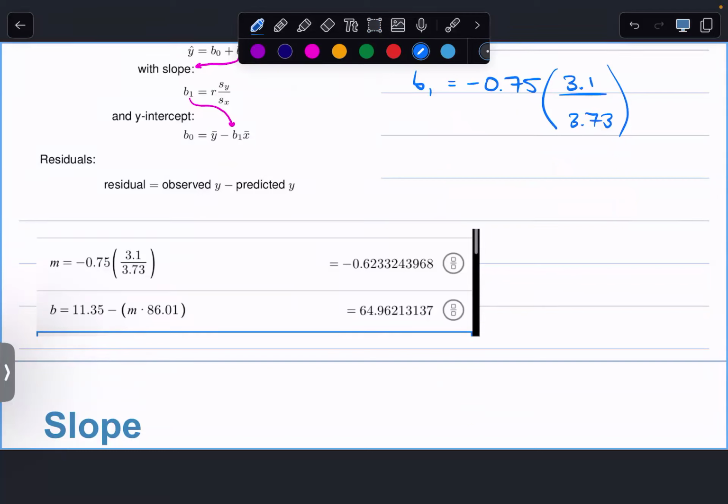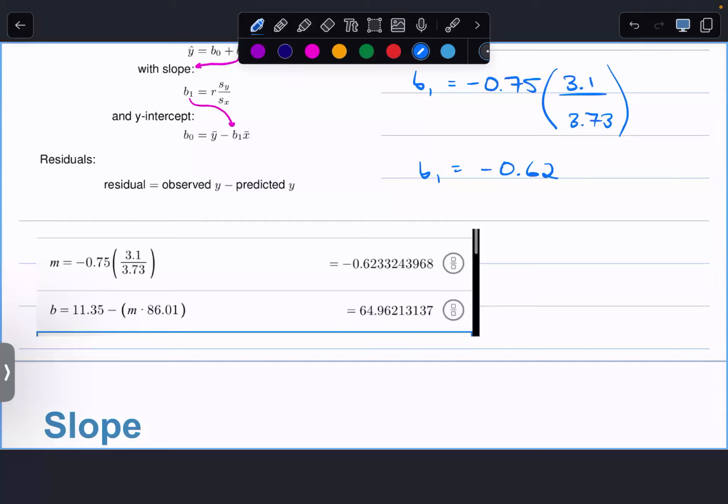So B1, the slope, I called it M here and B here, just from MX plus B, right? Because if I use the S and I for the intercept, I is a special value, so I wasn't allowed to use that. So then I reverted to MX plus B. But B1 is going to be roughly negative 0.62.